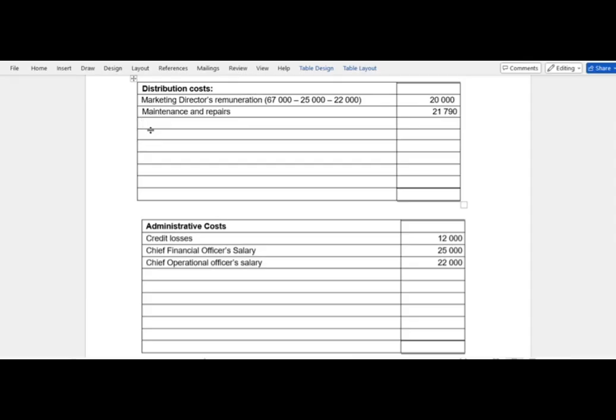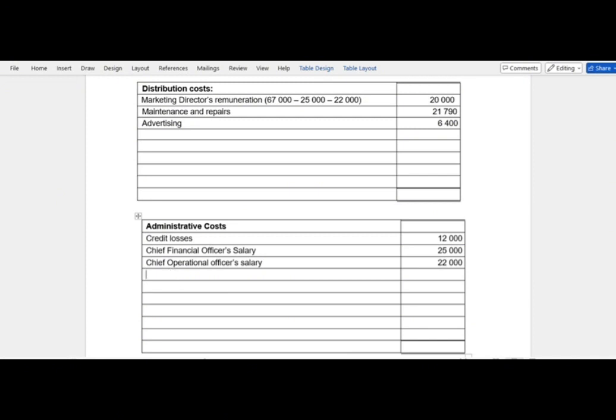Remember, distribution costs are marketing or sales expenses. So advertising is 6,400, and they said this 6,400 was included in printing. So printing is an administrative expense.